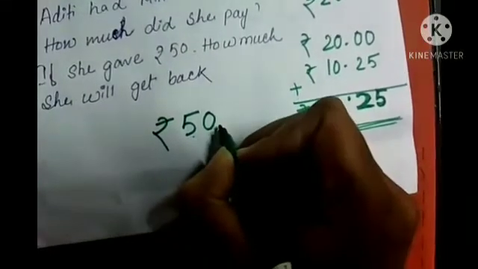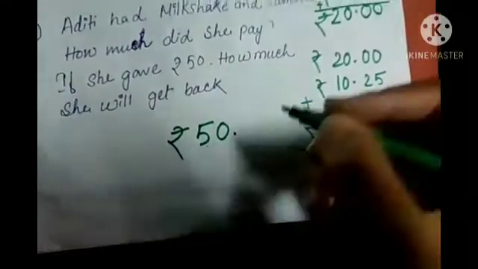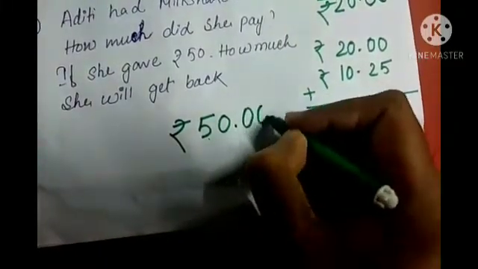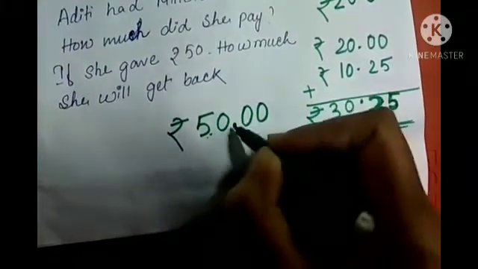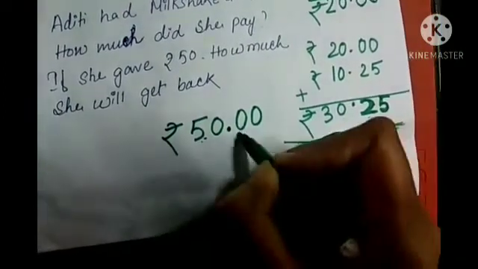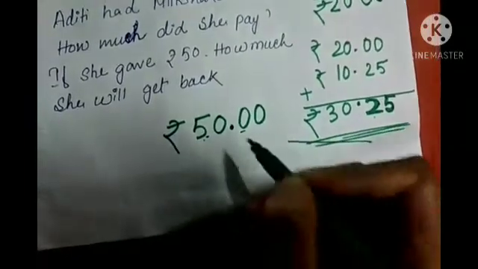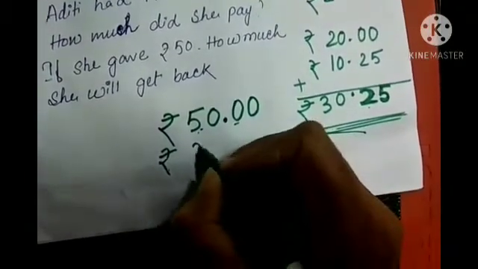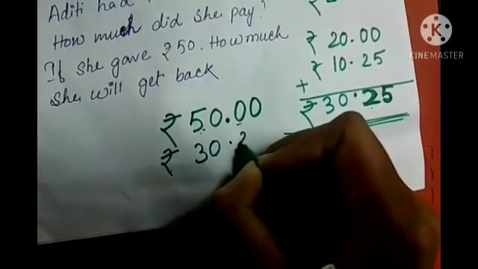She gave 50 rupees to the shopkeeper, so we write it this way: 50.00, where 00 means no paise, but since paise is there in the bill, I am including this part. Now how much is the bill? Rupees 30.25.